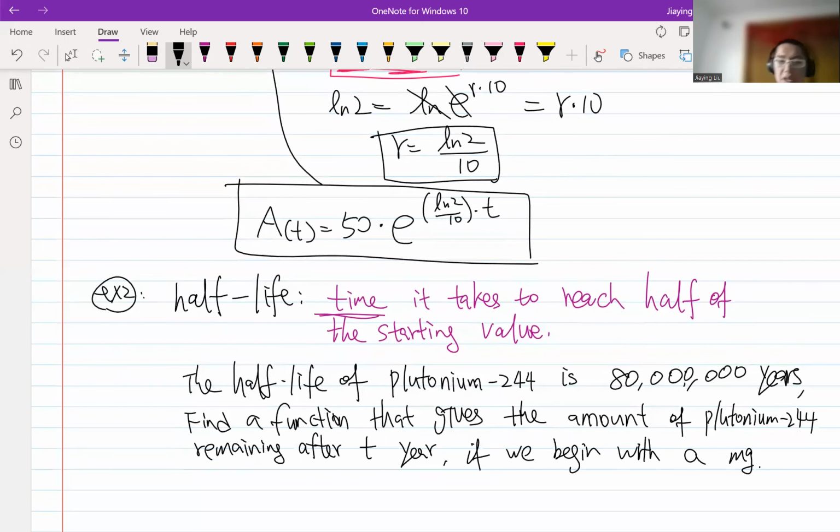So A is some constant. So suppose we begin with 8 milligrams, and we know the half-life is 80 million years, and we want to find a function that will give us the remaining amount after 2 years.